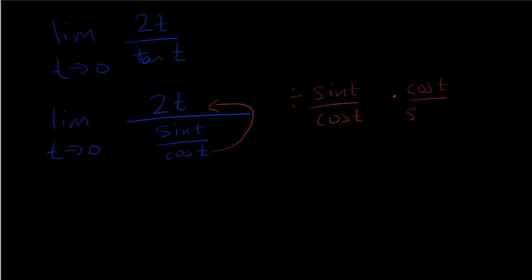Let's just keep it simple. Okay. So let's see how that looks. We have limit as t approaches 0. And now it's 2t times cosine t over sine t.